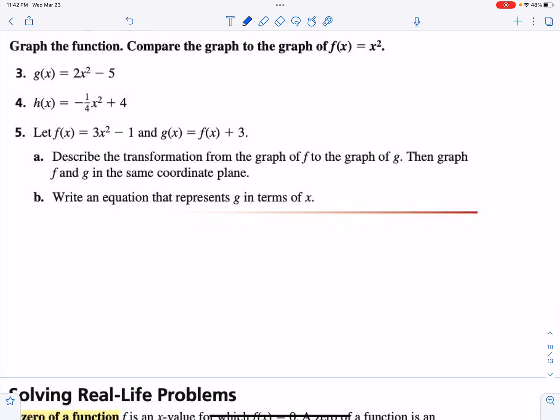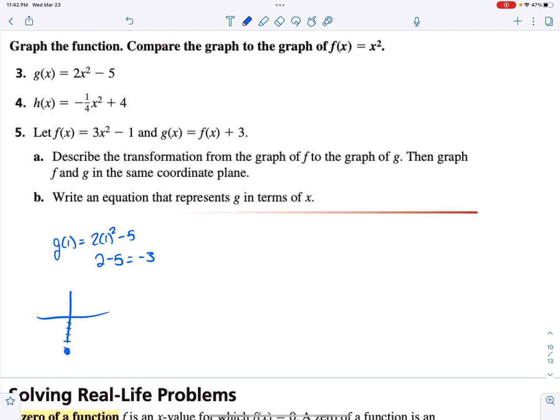So a rough sketch of number 3, and again, if I plug in 1 on number 3, it's going to give us a nice value. So I'm choosing 1 because it's next to our axis of symmetry. So 1 squared is 1, times 2 is 2, minus 5 is going to be negative 3. So when I plug 1 into my function, again at 0, I'm at negative 5.